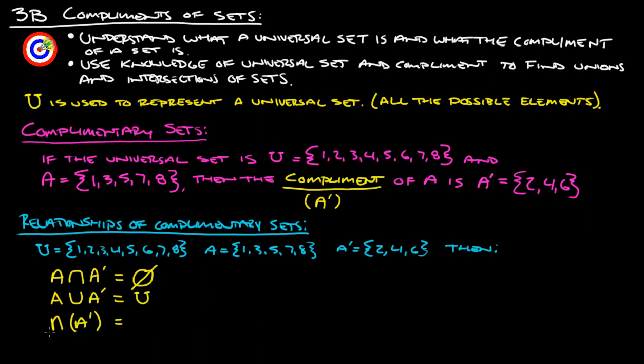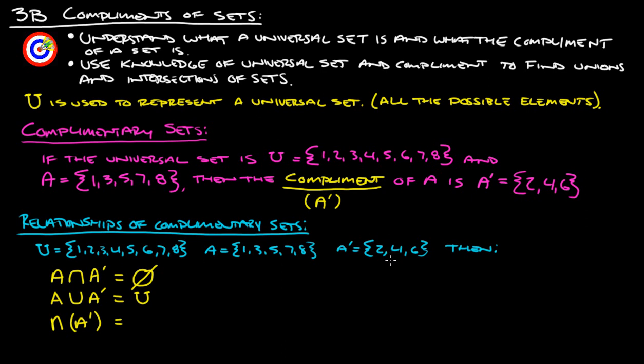And then for this one here, the number of elements in the complement of set A, if you think about it here, we have 3 here, and there's 1, 2, 3, 4, 5, 6, 7, 8 here, and there's 5 here.